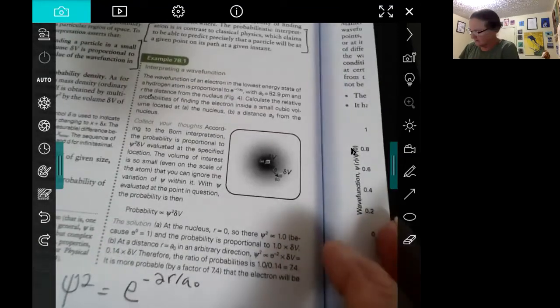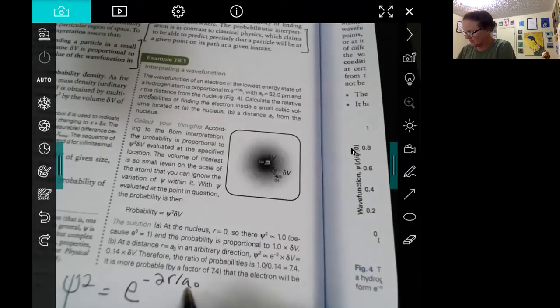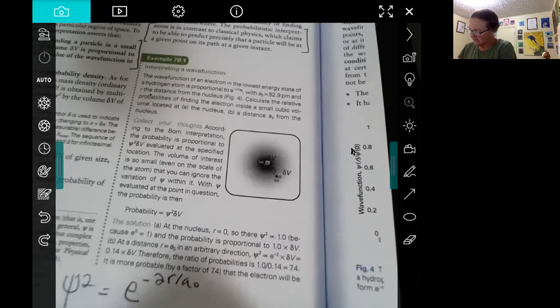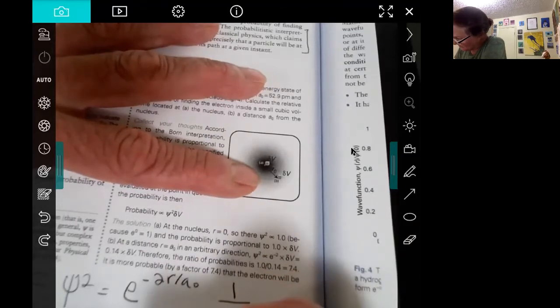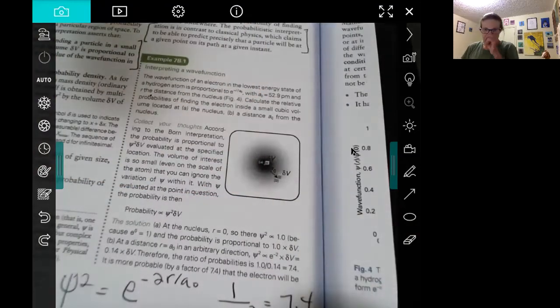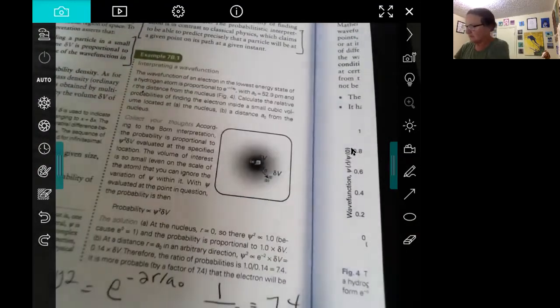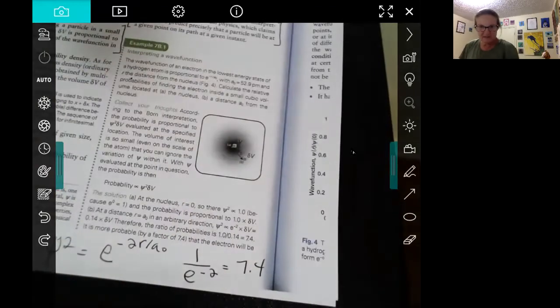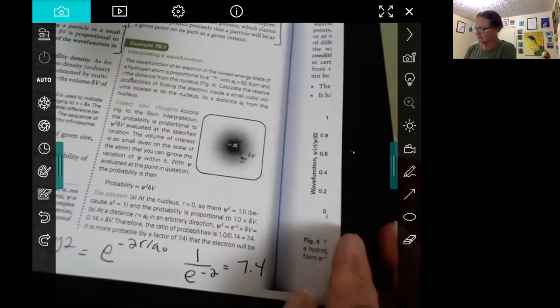If you take the location where r equals a0, then the wave function squared is equal to e to the minus 2. So if you take the ratio of 1, which is at the nucleus, over e to the minus 2, you get 7.4. So it's almost 7.5 times more likely to find the electron at the nucleus than it would be to find it at a distance a0.